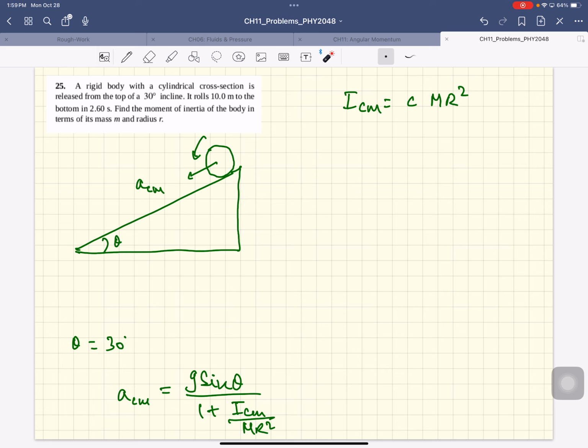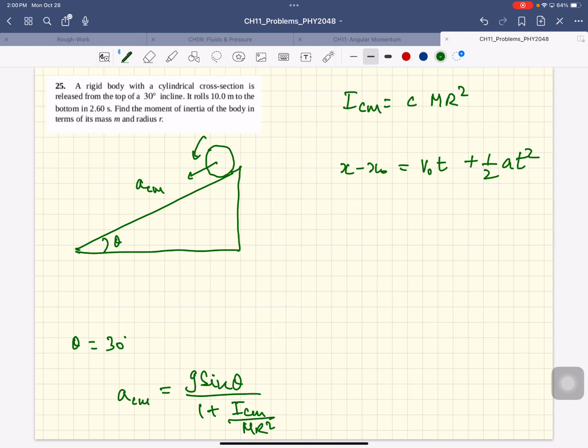All right. Well, we can calculate this. It rolls down 10 meters, which is roughly half the width of this room, in 2.6 seconds. So we'll say this is the x-axis, and x minus x naught equals v naught t plus 1/2 a t squared.